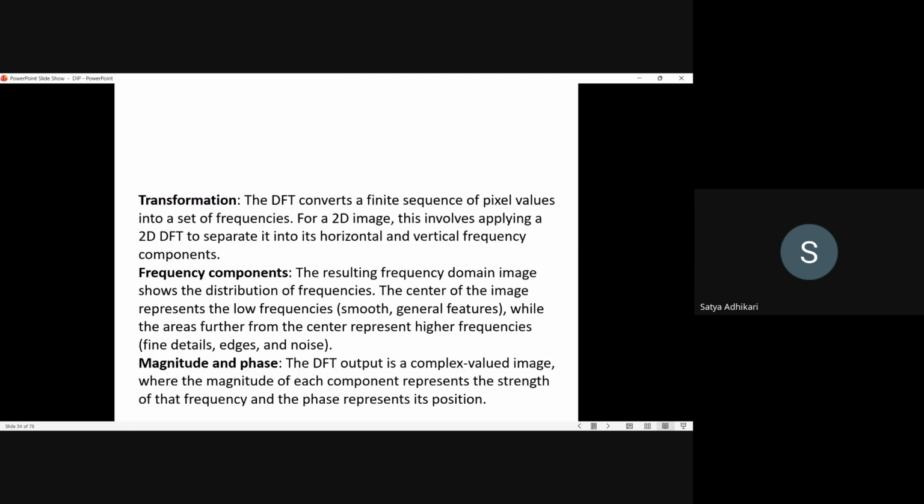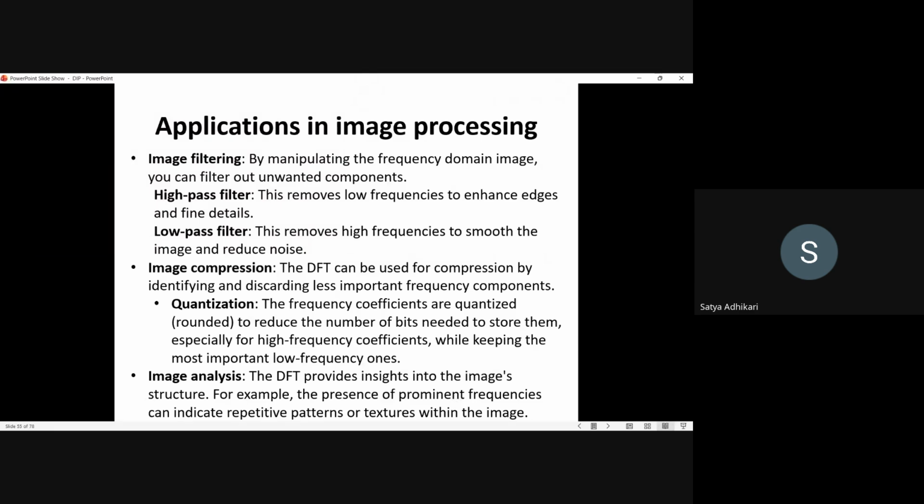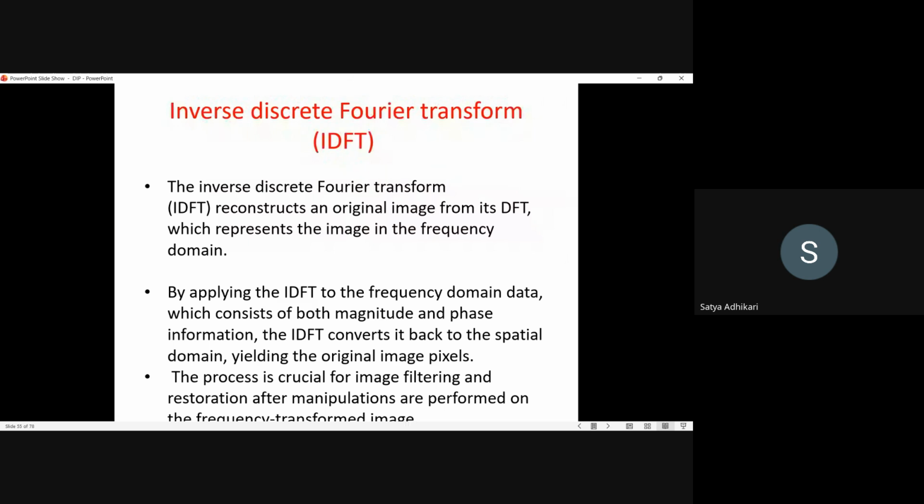So we have discussed these applications, image filtering, and once it is converted from the spatial domain to the frequency domain, you perform such operations.